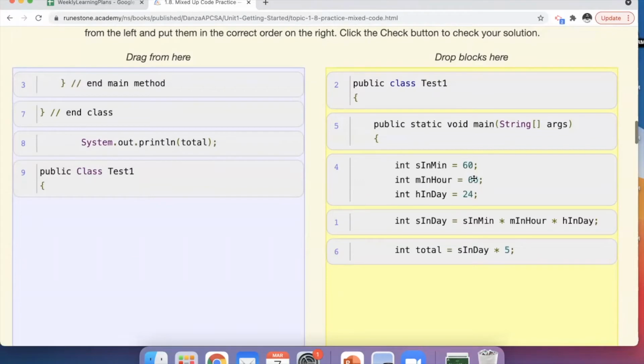Minutes in hour, there's 60 minutes in an hour. And then hours in a day is 24. And we're multiplying, in order to find the seconds in a day, you take the seconds in a minute, 60 seconds, multiply the minutes in the hour, that's 60, multiply hours in the day times 24. And that should give you how many seconds are in the day. So we're multiplying it by 5 because that would give you 5 days.